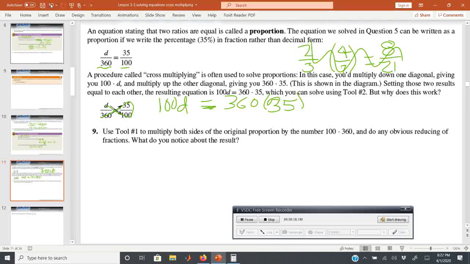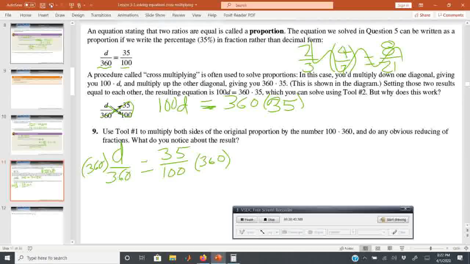I think they're doing that because they don't want people to confuse it with multiplying fractions. So they say we're going to multiply this and then we're going to multiply this, and it ends up looking like a fish. That's what's called cross multiplying. So when they talk about cross multiplying, that's what they mean.